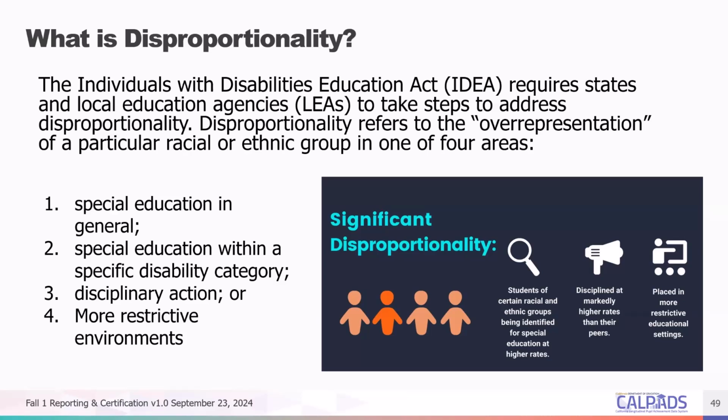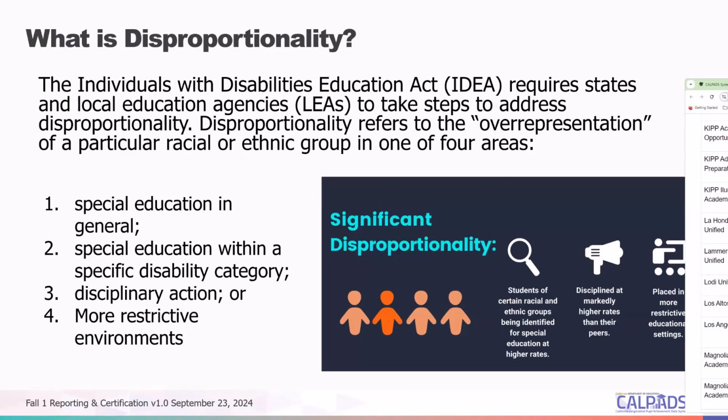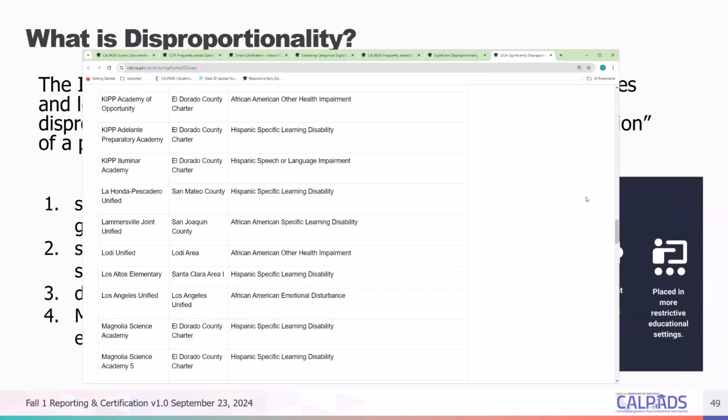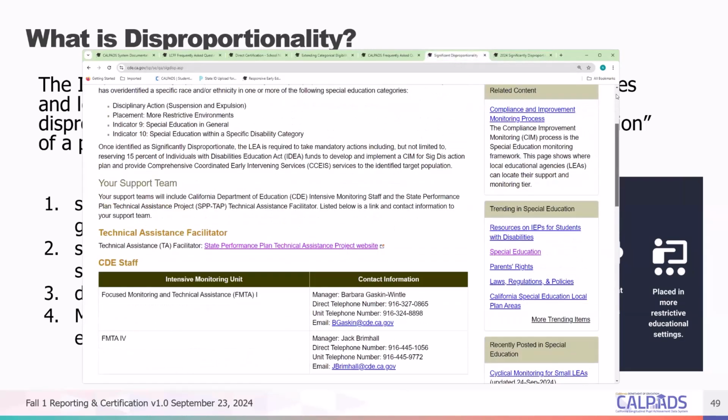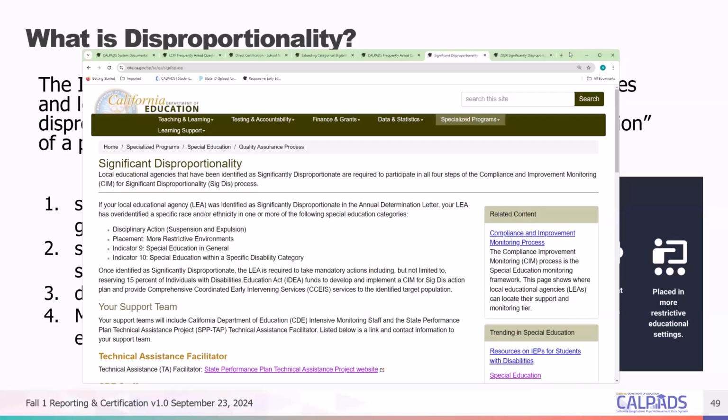And then your discipline data: disproportionality identifies those students with disability, race or ethnic groups who are over-disciplined or disciplined with particular actions more than the others. And then the reason why I wanted to take over from Kyron is, if I drag this in front of you, well, first, you can go to the disproportionality website.